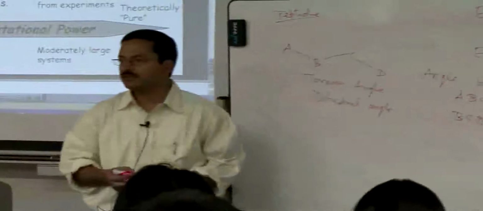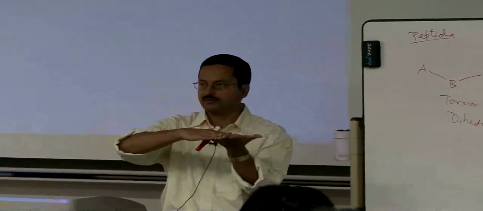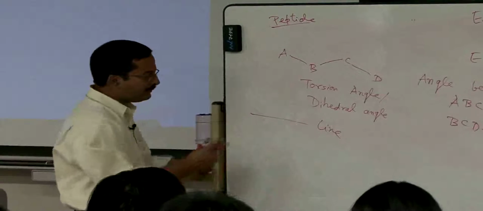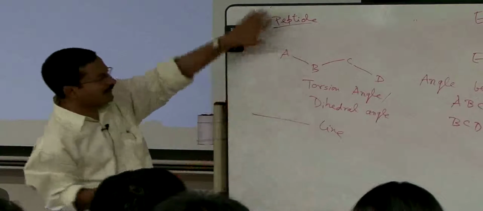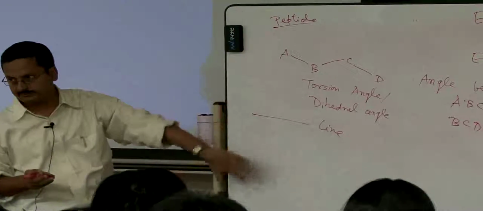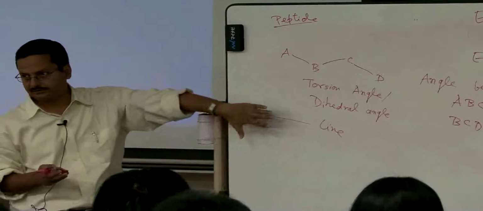Plane you understand, right? So, my hand, this is a plane. This is a line, right? But plane means something like this board, this is the plane of the board. This whole thing is a plane.